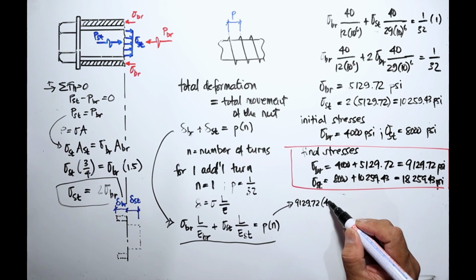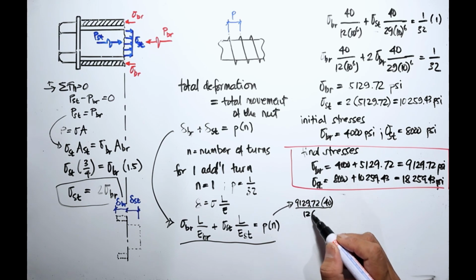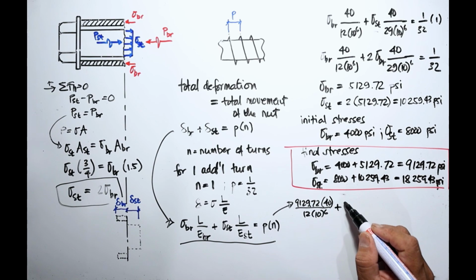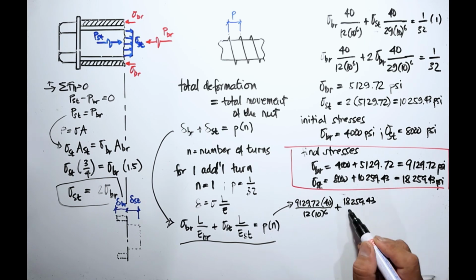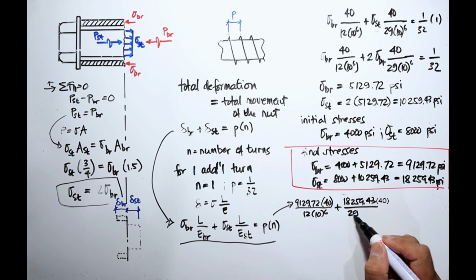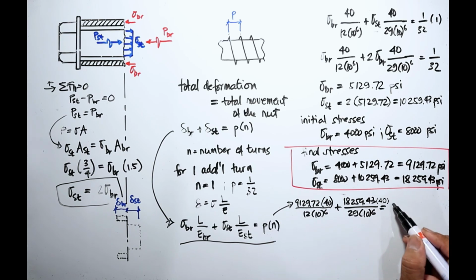9,129.72 times the length divided by modulus of elasticity, that's 12 times 10 to the 6, plus the stress in the steel, 18,259.43, times the length divided by 29 times 10 to the 6 equals the pitch times the unknown, the number of turns.